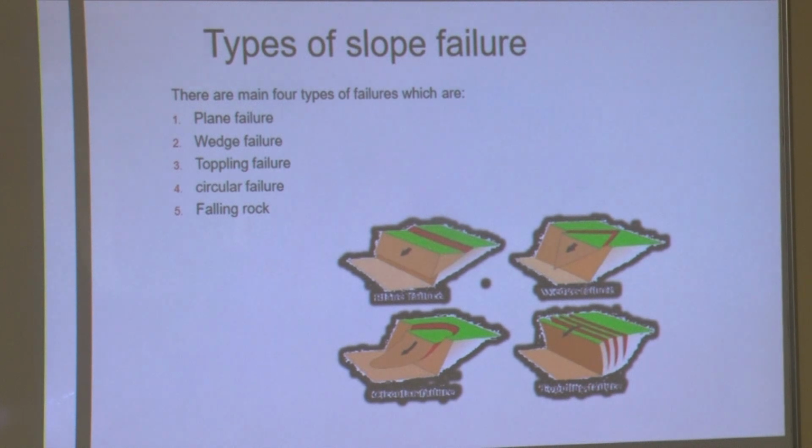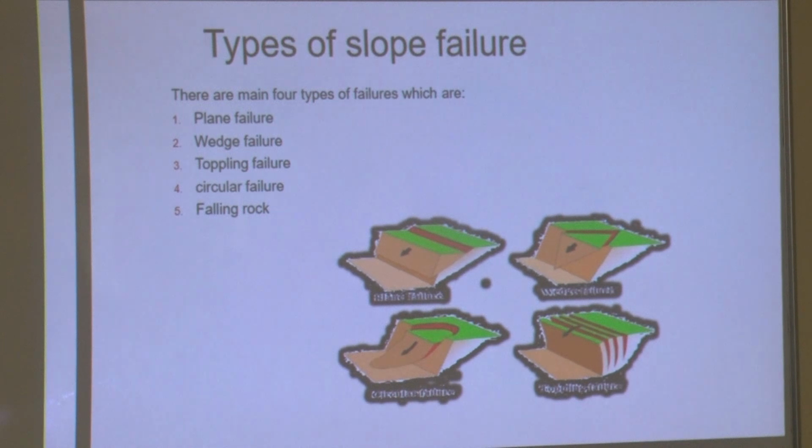It is no more intact. So if there is an inclined plane along that, it is possible that the block may slide along the line of intersection. It is a possibility. So in rock slope, most of the cases we observe it is a wedge failure. In few cases we observe toppling failure.